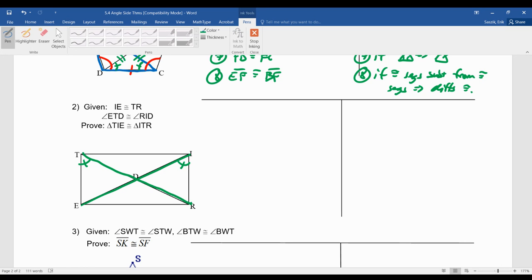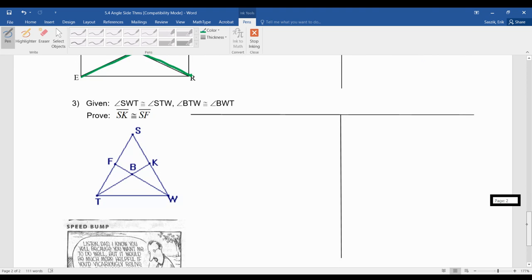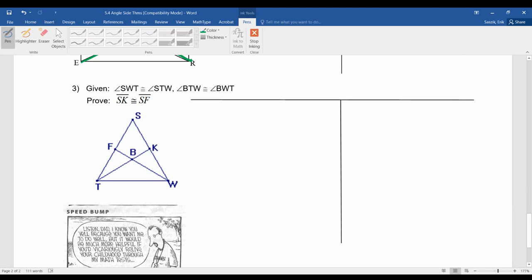I don't think we can do this problem. I mean, we got reflexive angles, but that gives us triangle. We only have angle. We don't know that D is a midpoint. It doesn't tell us that, even though it looks like it. Can't go by that. I think there's some missing information here. I don't think we can do anything there.